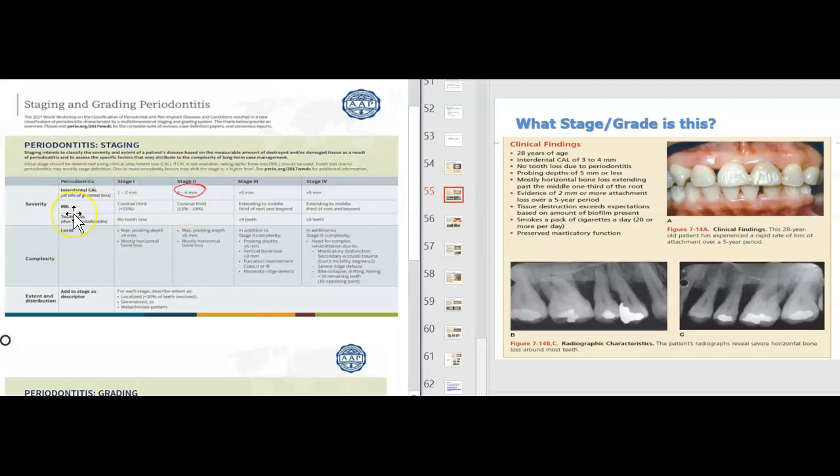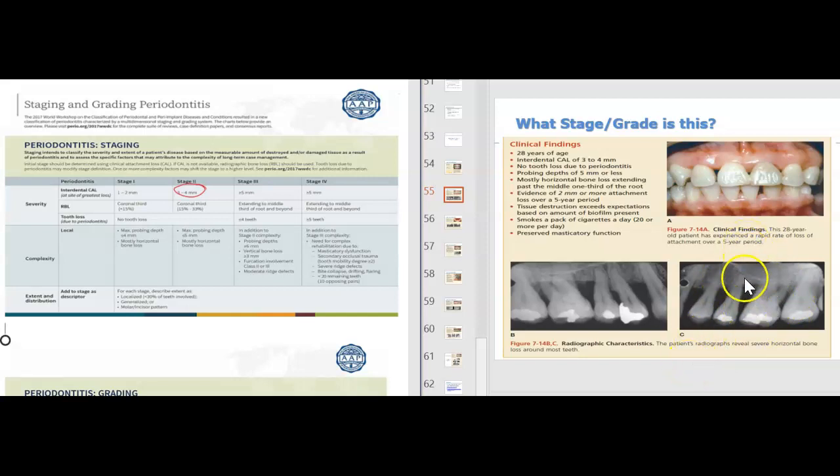The next thing we're going to look at is the radiographic bone loss, or RBL. If we look at this radiographic bone loss, we have to look at the entire radiographs and find the worst bone level. I think they pretty much look similar, but let's hypothetically say that this is the worst bone level that I see.